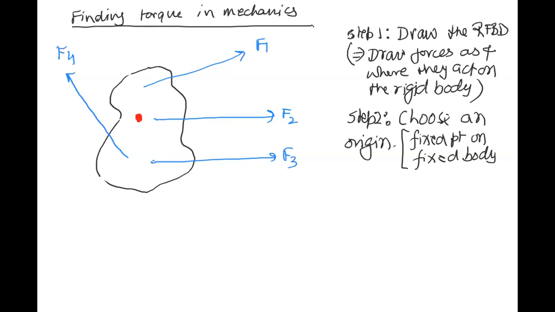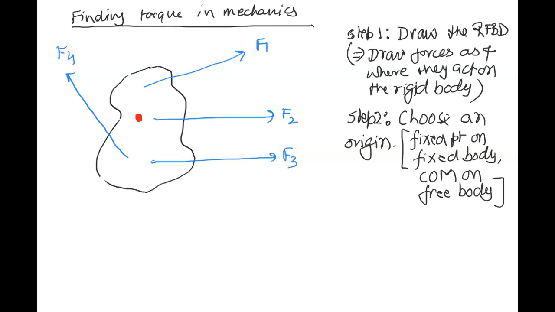So choose an origin. For a fixed rigid body, it has to be that fixed point. And for a free rigid body, it is the center of mass.